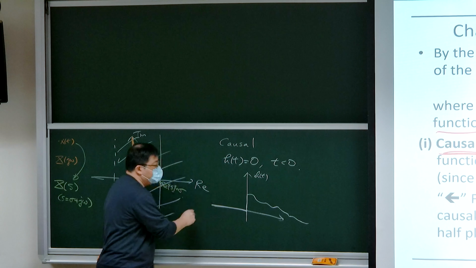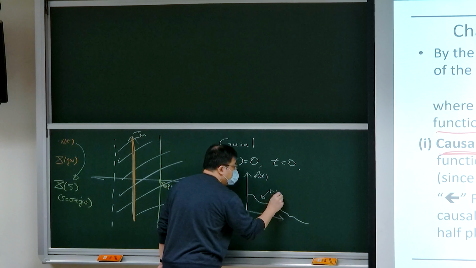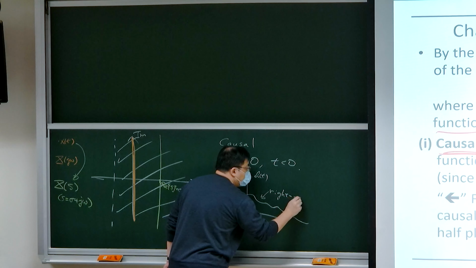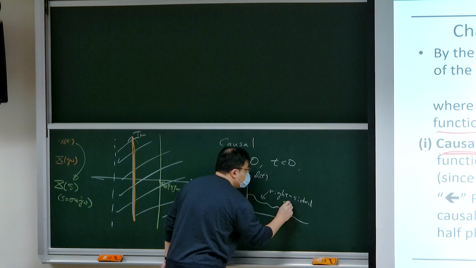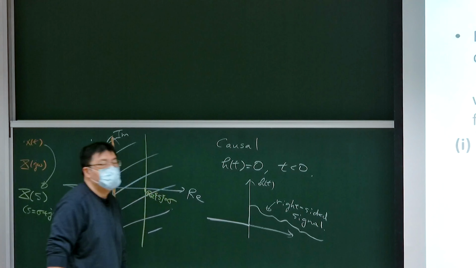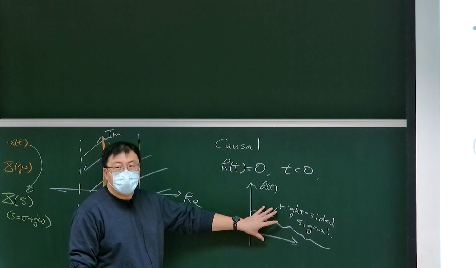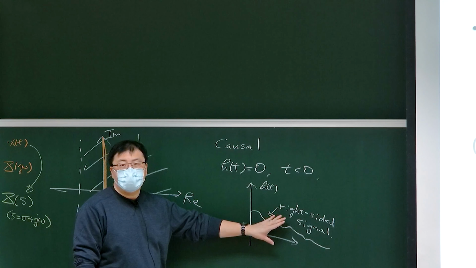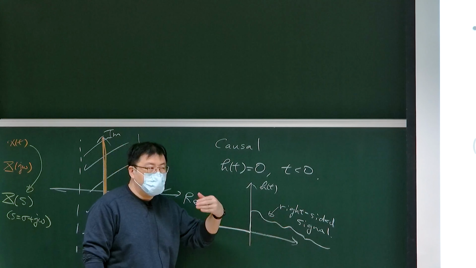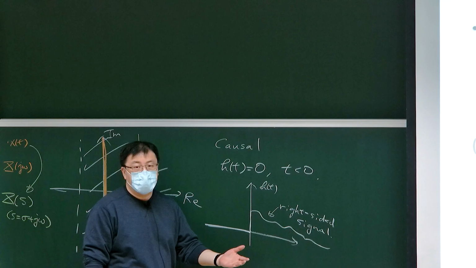And what is this? This is a right-sided signal. So this means that if a system is causal, its impulse response must be right-sided, which means that its ROC must be the right half plane.